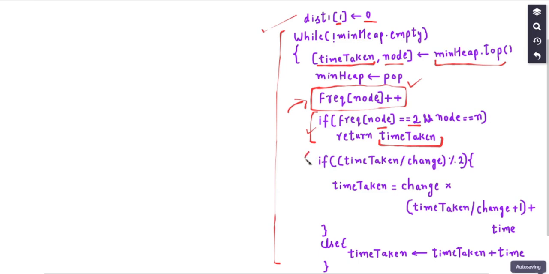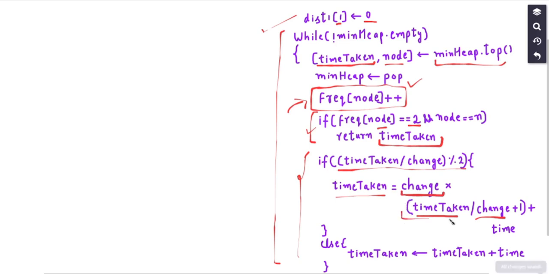Otherwise I have to move to the adjacent node, so I find the waiting time here. So if the number of flips is odd, then I calculate the waiting time. How would I calculate that? That would be calculated by dividing the time taken till now by the change, plus 1. So that will give me the total number of flips that I have to encounter before I move out of this vertex, and the time interval of flip is change, so I multiply this change with that value.